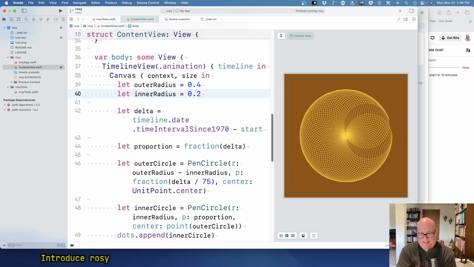Holding my hand so I don't mess it up before it finishes, because I think it's looking pretty good. All right, that's a nice enough shape.